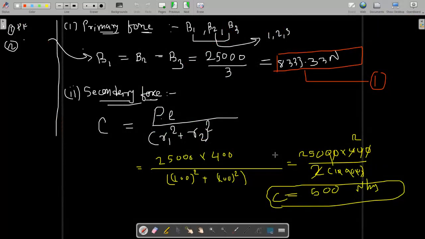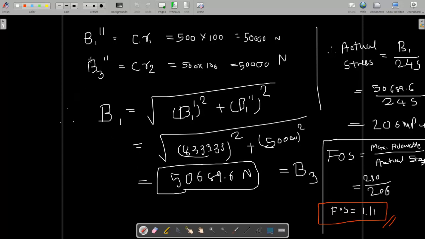Third, find out the C. If the number of bolts is more than 2, there will be R1 square plus R2 square plus R3 square plus R4 square, up to the number of bolts given. Once you find the C value, then find the secondary shear force, C into R1, C into R2.